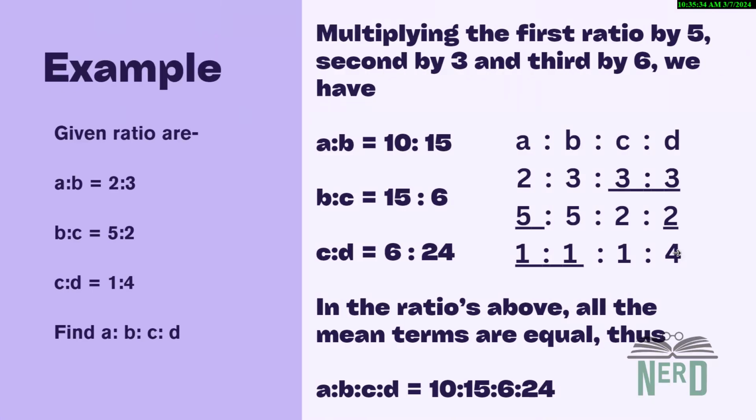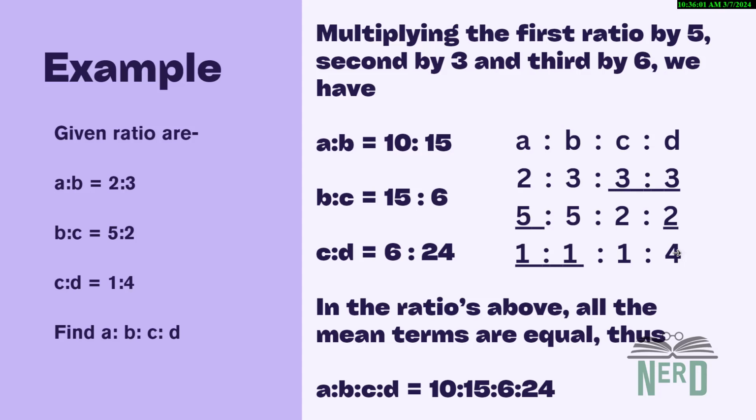Here I've given one typical example that you always get in exams, and that's how these kinds of ratios come in your exam. The given ratio A is to B has the value 2 is to 3, so 2 represents A and 3 represents B. The second one is B is to C, which is 5 and 2.